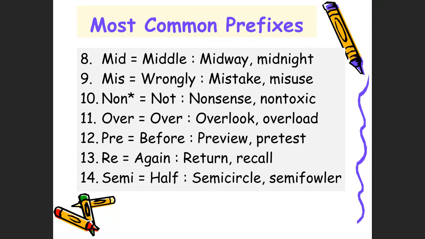Examples with non. Non-existent. Good. Excellent. Any other example? Nonsense. Yes. Examples with over. Over. Overcook. Yes.